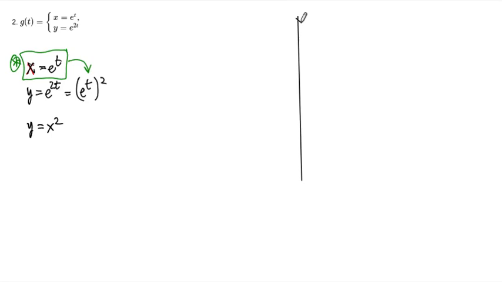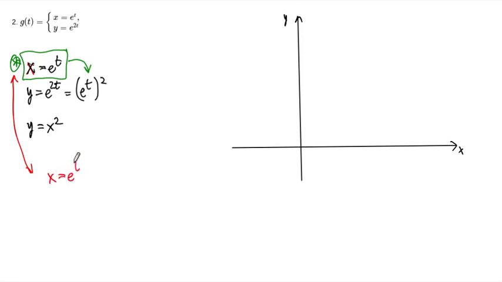We draw our axes. We're ready to draw the whole thing, but it turns out for this one we need to be a little more careful, because this formula for x is more restrictive than the last one. This says that x equals e to the t. Sure, t can still be anything. There are no restrictions on t. The domain of e to the t is all real numbers.